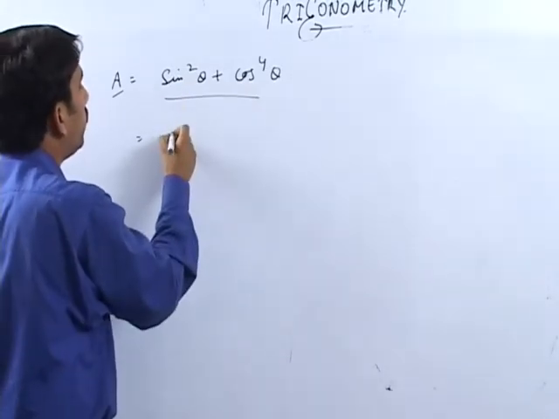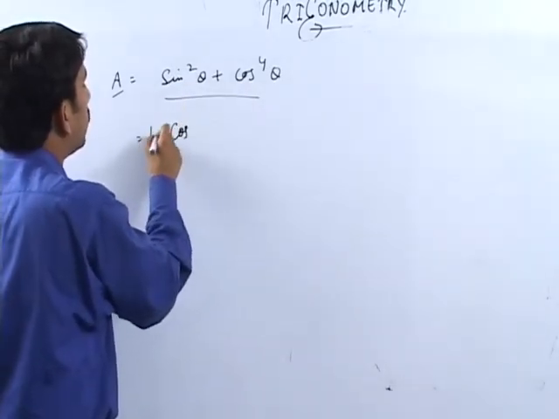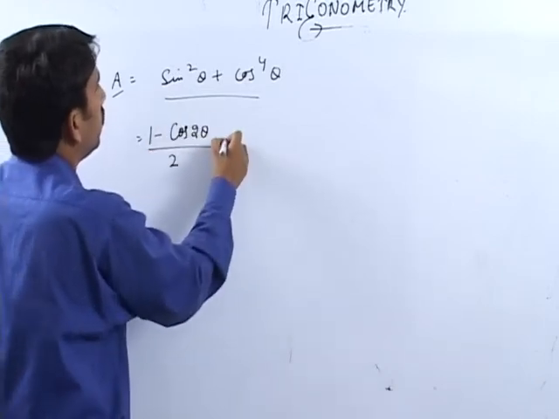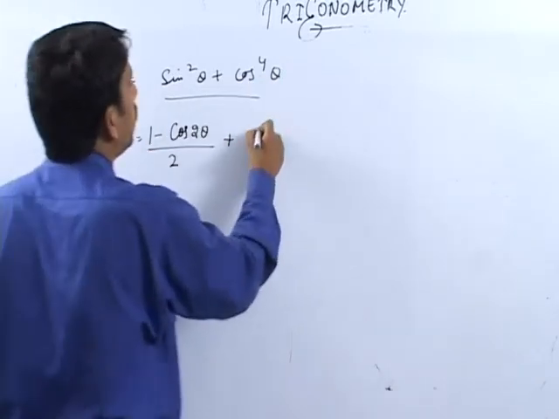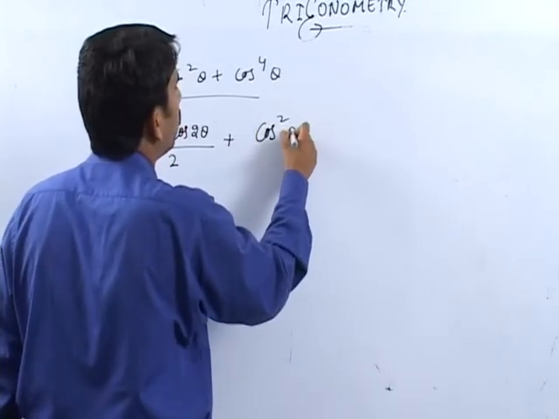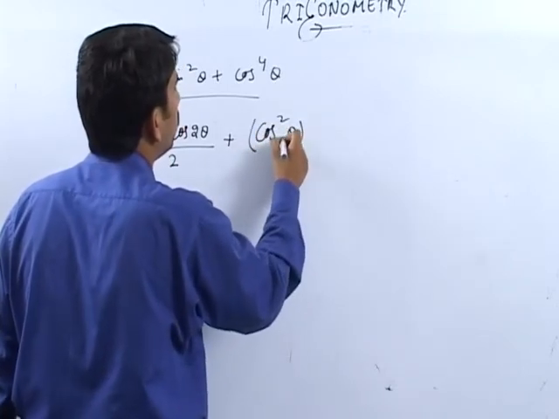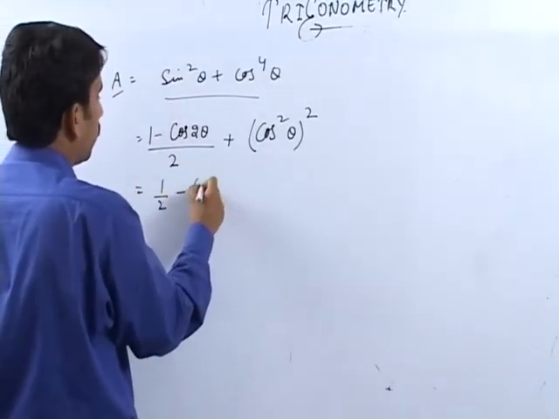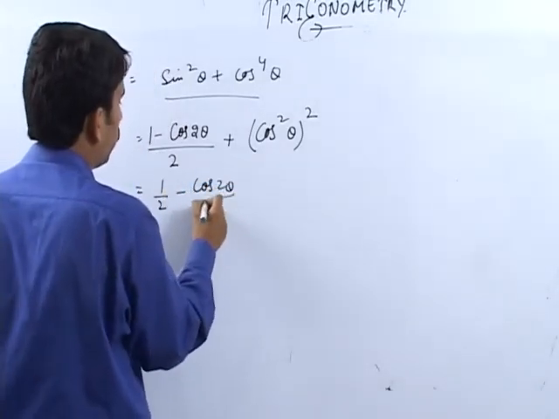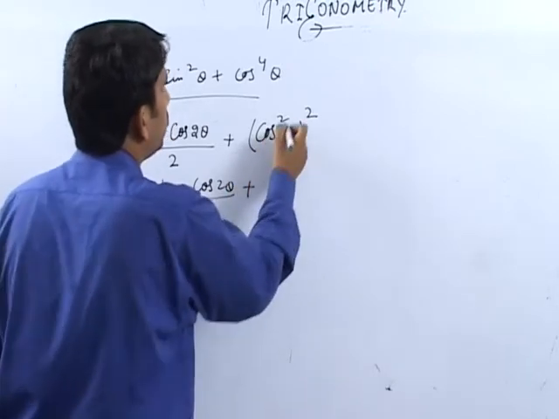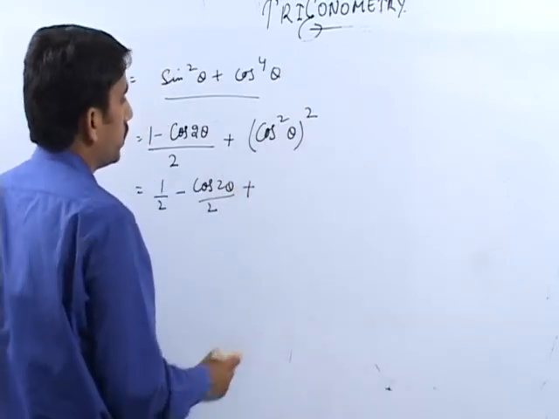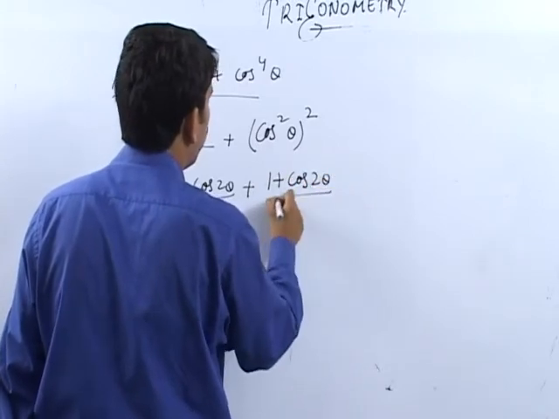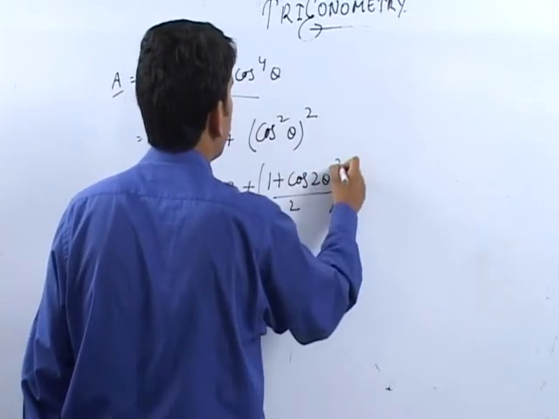This sin square theta can be written as 1 minus cos 2 theta over 2, and this cos 4 theta can be written as cos square theta the whole square, and this can be written as minus cos 2 theta by 2 plus, this is cos square theta, and you can write it as 1 plus cos 2 theta by 2 the whole square.